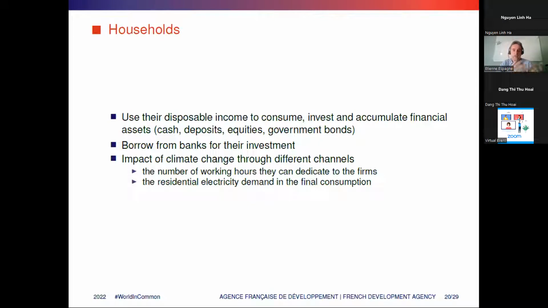They accumulate financial assets in cash, deposits, equities, or government bonds. They can also borrow from banks for their investment. And they are impacted by climate change through different channels. First, through the number of working hours that they can dedicate to working for firms, and also through the residential electricity demand that will affect their final consumption.